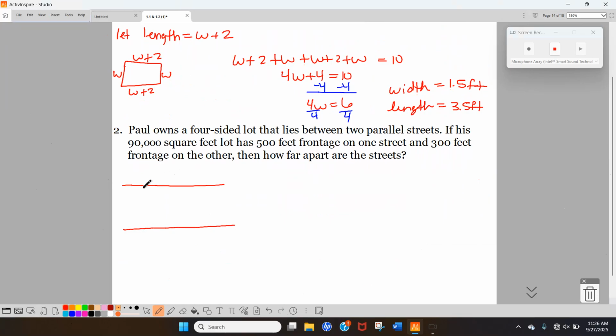On one of them, I have 300 feet, and on the other, I have 500 feet of my property that butt up to the road. That means if I draw this, I'm making a trapezoid.